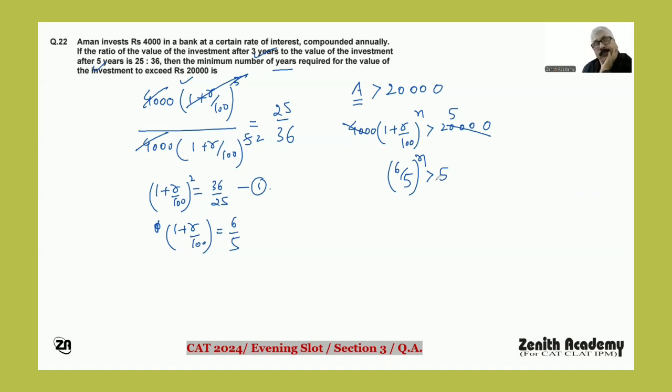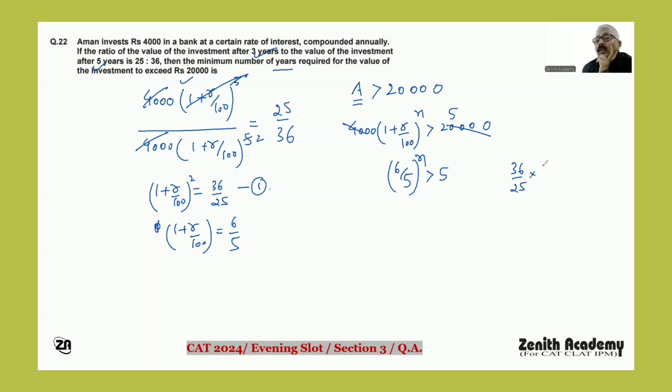Okay, now see, if I take 2 years, then 6 by 5 squared is 36 by 25, which is still less than 2.